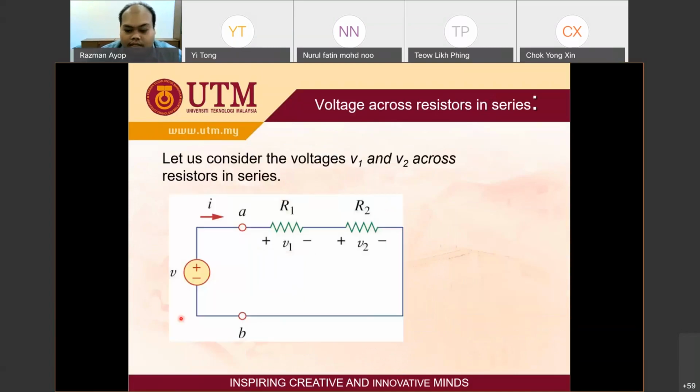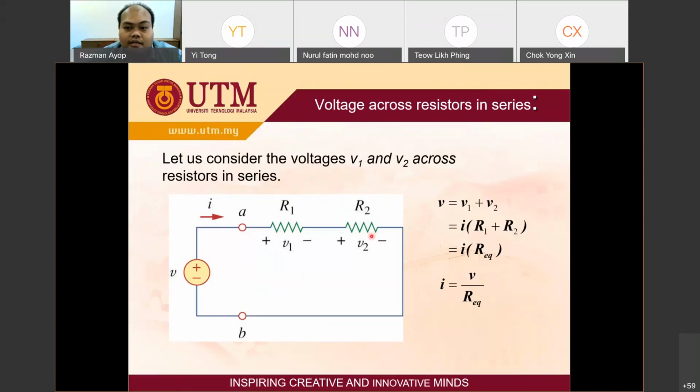This is the derivation on how to get the voltage divider rule. As I mentioned before, the voltage divider rule is actually for series circuits only. For parallel, you cannot use the voltage divider because in parallel the voltage is the same. But for series, the voltage is different, but the current is the same.